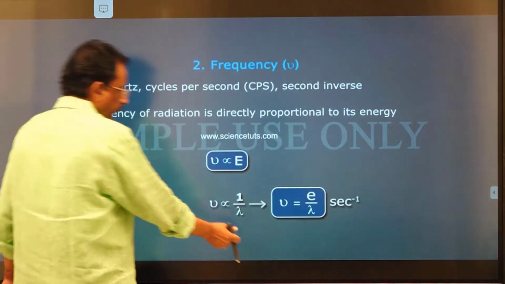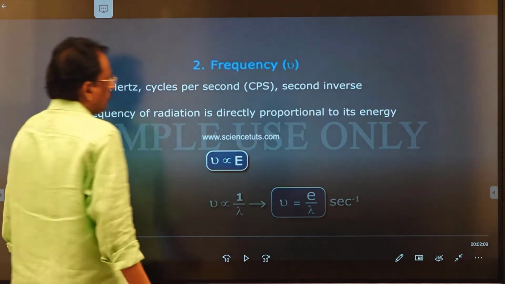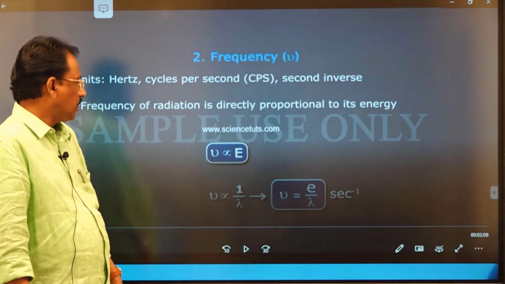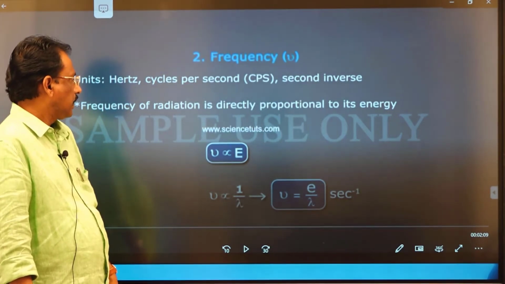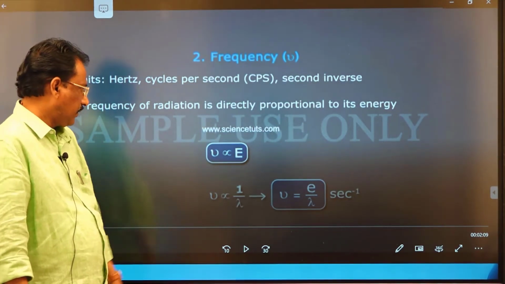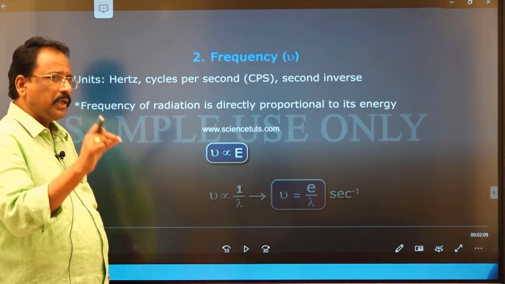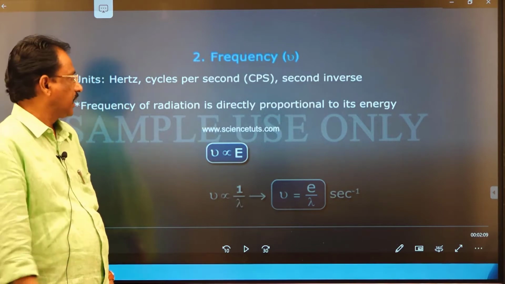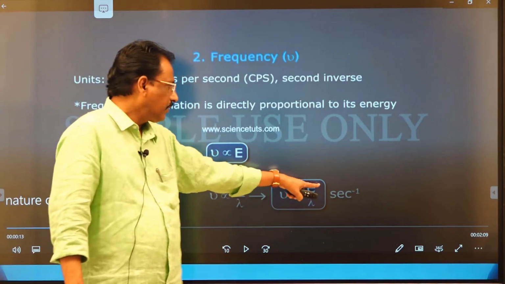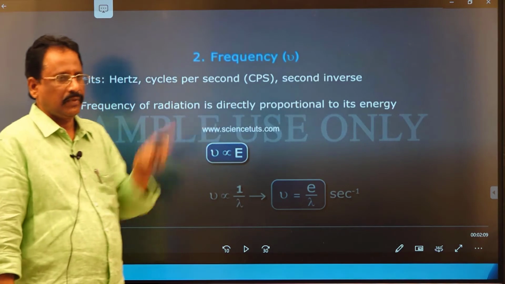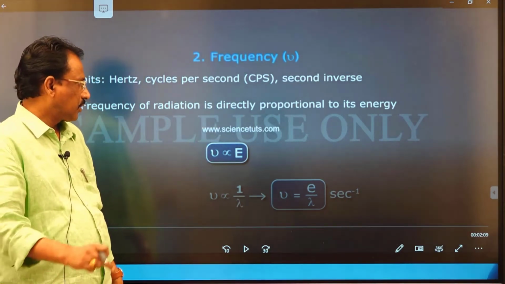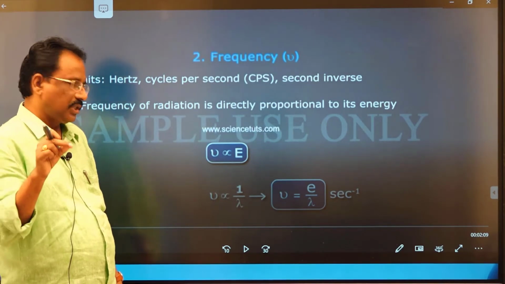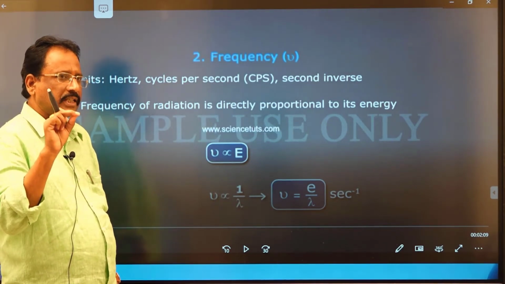It is represented by the symbol nu, N-U-E, nu, and the unit of frequency is how many number of waves are passing through a point in 1 second. That's why second inverse is the unit of frequency. It is also expressed in terms of hertz, the scientist's name. 1 hertz is nothing but 1 CPS.